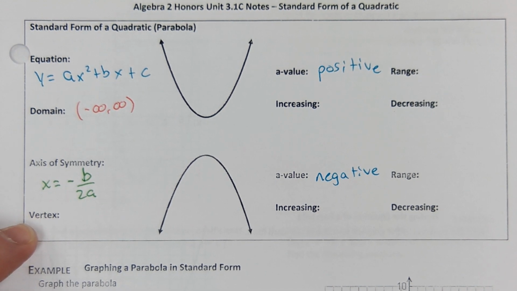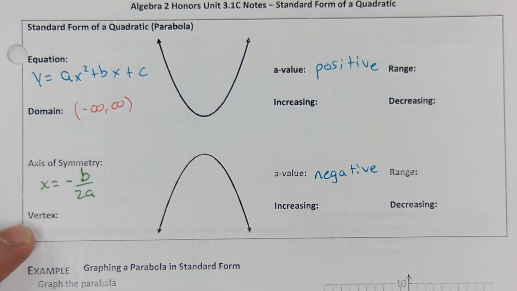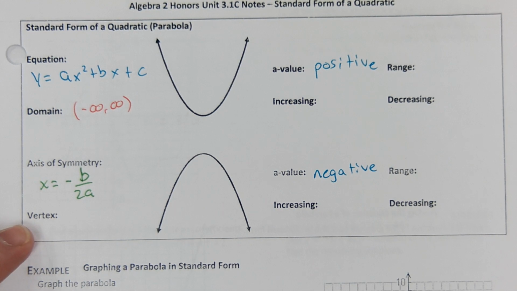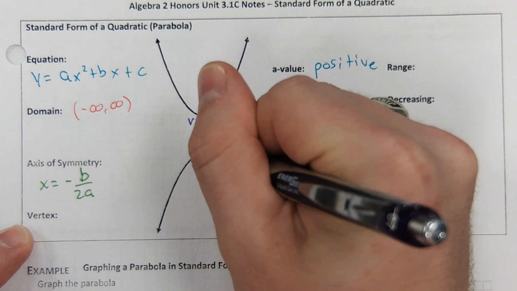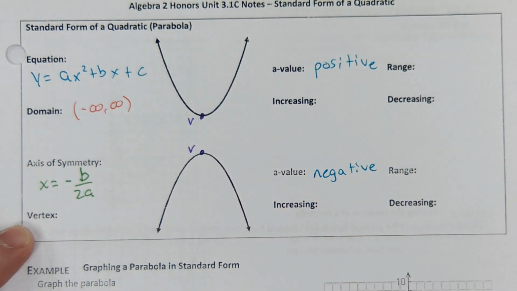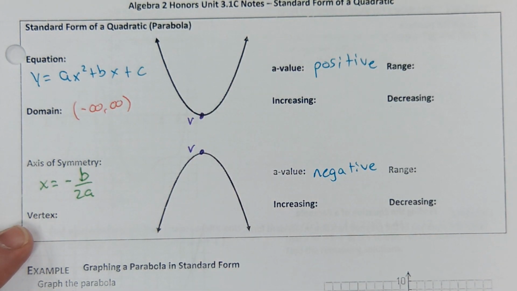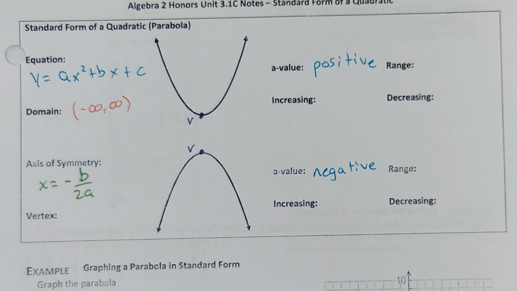X equals negative b over 2a is an x value. It's the axis of symmetry. The axis of symmetry always goes through the vertex. That means it is the x value of the vertex. So how would I get the y value of a vertex? Just plug it in. If you know what x is, plug it in to get y.